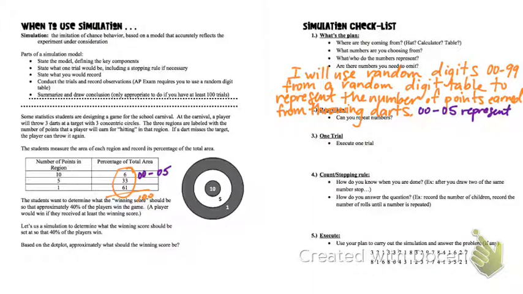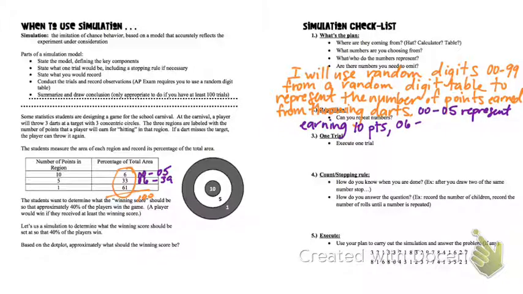represent earning 10 points. And the next 33 need to represent earning 5 points. So I would say 06 through what? Add 33 to that. 39, 40, 39.